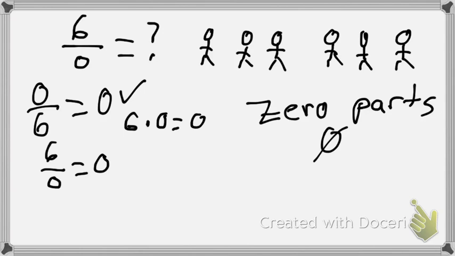But if we take 6 and divide it by 0 and get 0, that means we should be able to multiply 0 by 0 and get 6, because we would be undoing the division with multiplication. And that doesn't make sense.